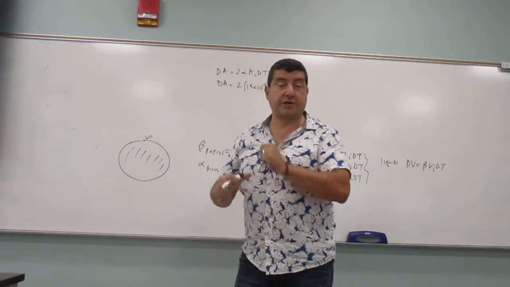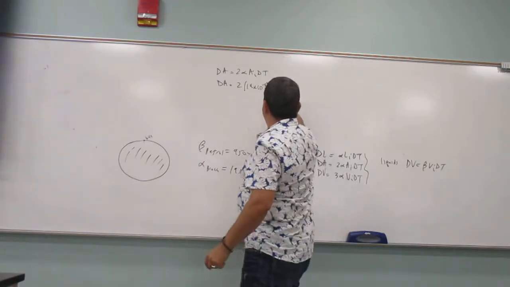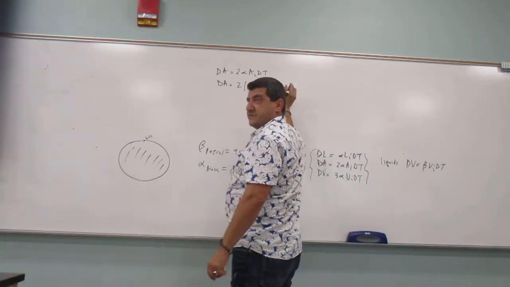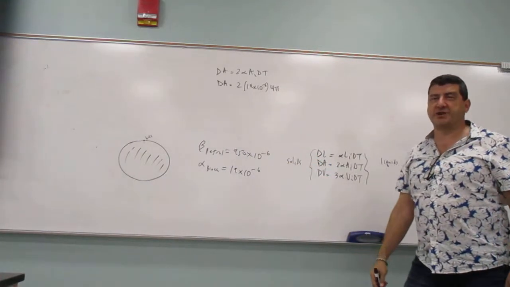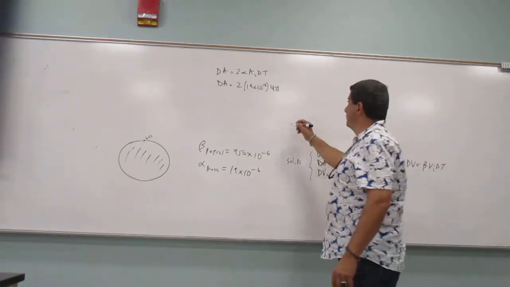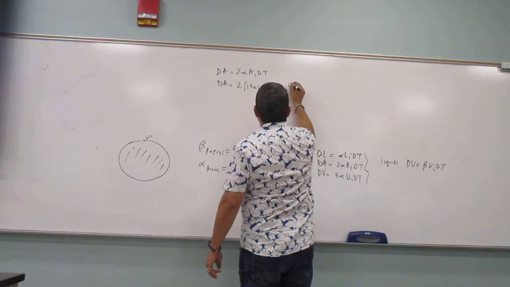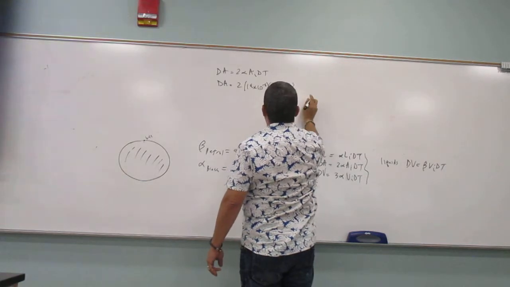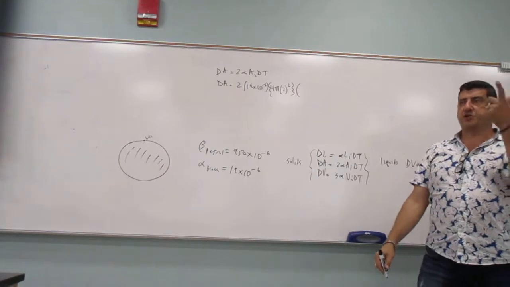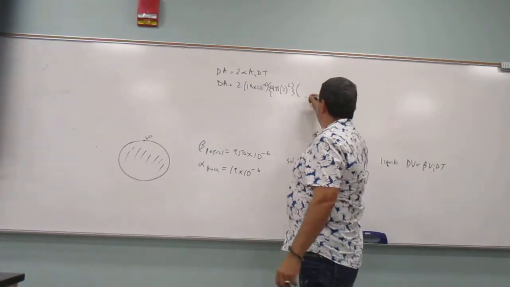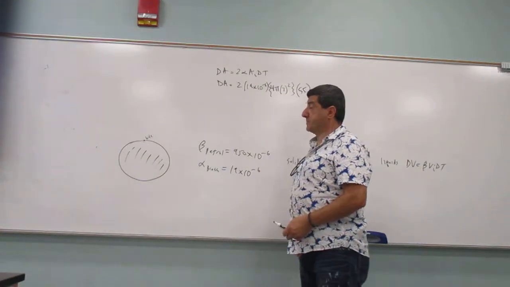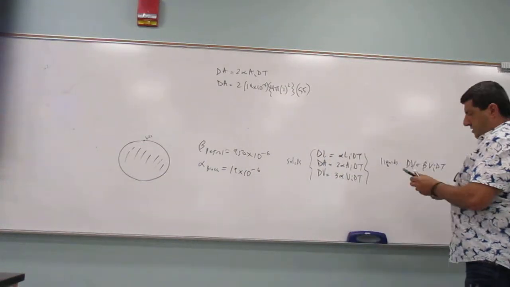The surface area of a sphere, right? 4 pi r squared, right? 4 pi r squared is the initial surface area. So what was the initial radius? 2, right? 2 meters. So 4 pi r squared, that's the initial surface area. The change in temperature is, it went from 25 Celsius to 80 Celsius. So 55 Celsius. So this gives you the change in area, okay? How much the area increased by.